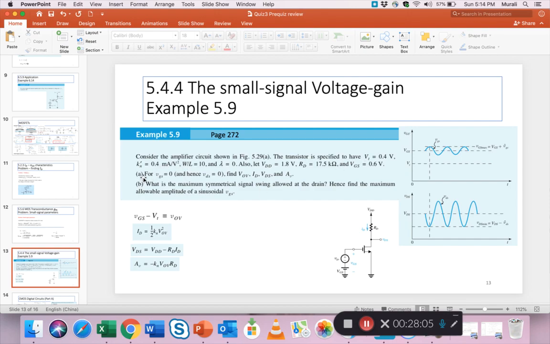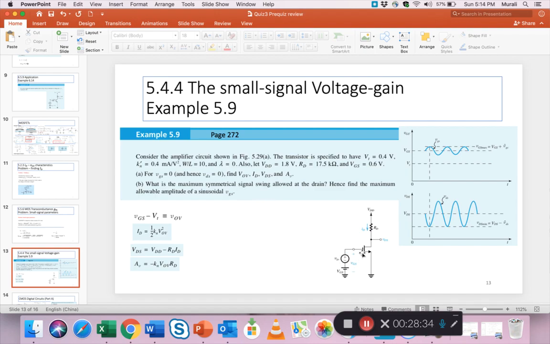So part A says, assuming no signal, that means if this is 0, just find the biasing voltages. So find the overdrive voltage. From that you can, well, first we find ID, or we can use these formulas here: overdrive voltage, ID, VDS, and the voltage gain. Then he asks, what is the maximum symmetrical signal voltage allowed at the drain?